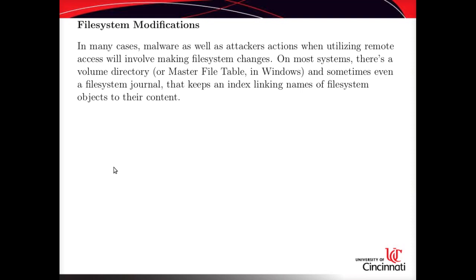That can be inspected after an attack has been performed to see what changes were made, and also sort them by time and see what happened in a certain window of time. Sometimes there's also a file system journal. Some of you are familiar with journaling file systems, which keep an index linking names of file objects to their content. Those are all basically records of file systems.